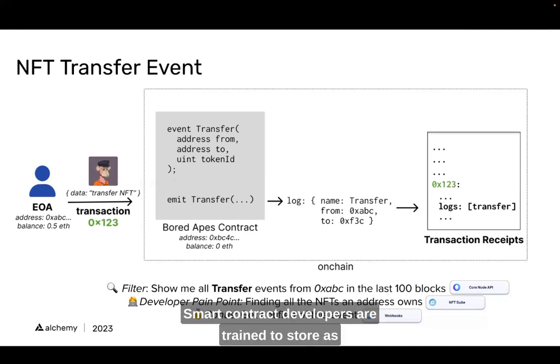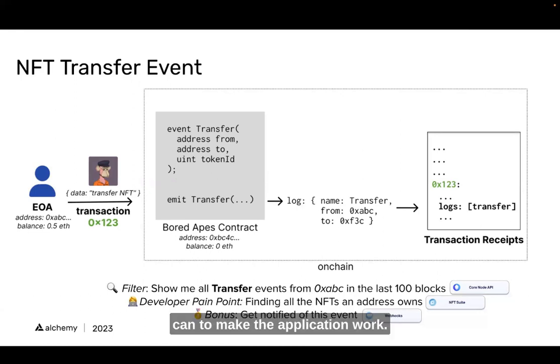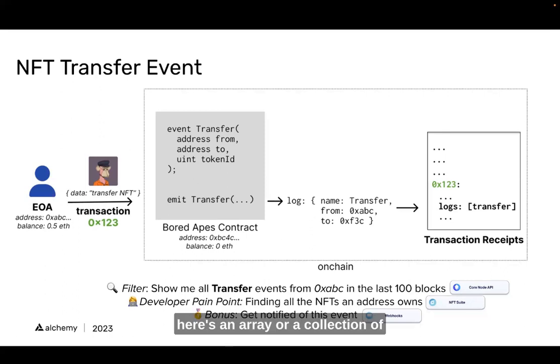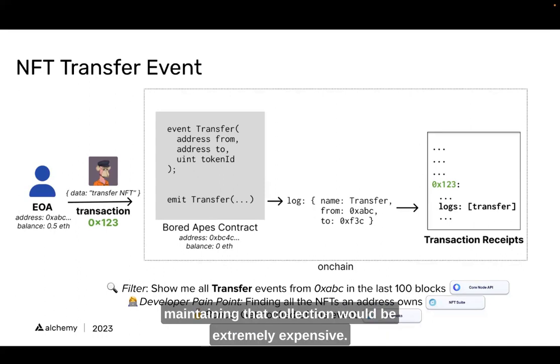Smart contract developers are trained to store as little data on the blockchain as they possibly can to make the application work. They're not going to store something like an array or collection of all the NFTs an EOA owns, because maintaining that collection would be extremely expensive. So instead, we need to have servers, computers that are designated to store these collections off-chain.